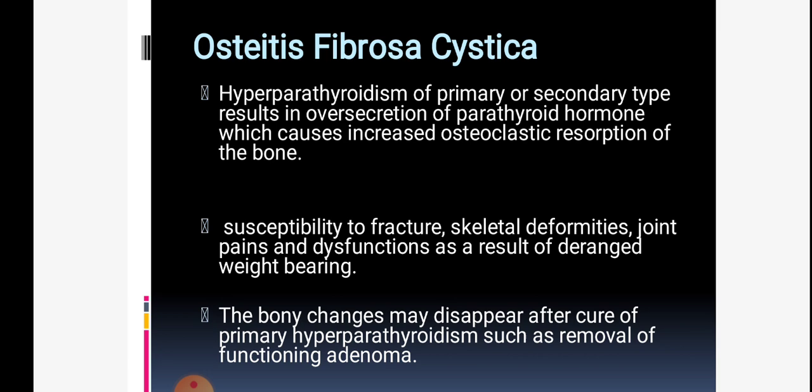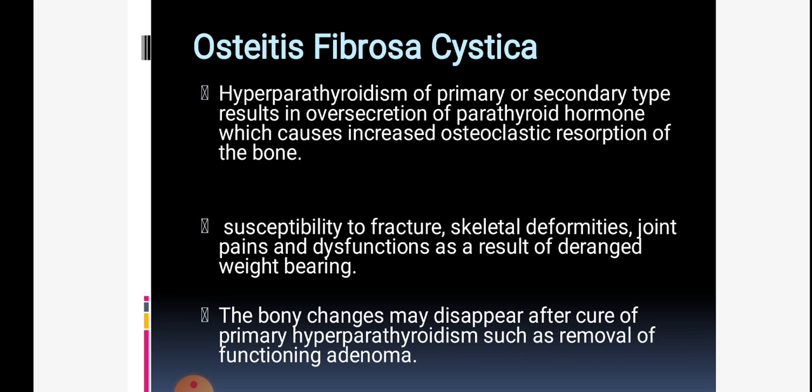Osteitis fibrosa cystica. Hyperparathyroidism of primary or secondary type results in oversecretion of parathyroid hormone, which causes increased osteoclastic resorption of the bone. Susceptibility to fracture, skeletal deformities, joint pains, and dysfunctions as a result of deranged weight bearing.